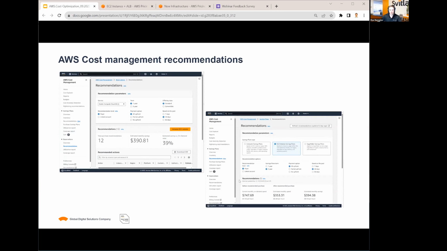The same works with saving plans. So it's a different way to save money on purchasing compute power.